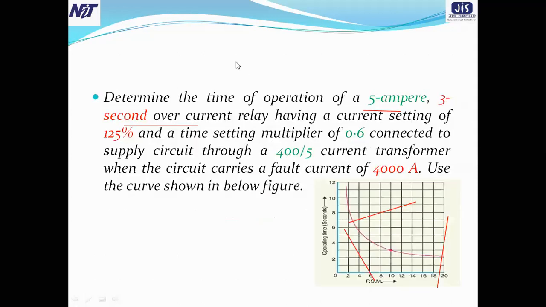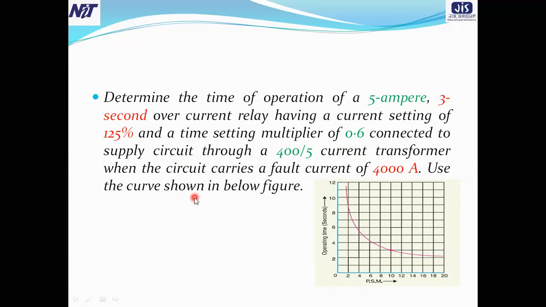Here, if you follow, you will find this is the time/PSM curve. Determine the time of operation of a 5 ampere 3-second overcurrent relay having a current setting of 125% and a time setting multiplier of 0.6, connected to a supply circuit through a 400/5 CT, or current transformer, when the circuit carries a fault current of 4000 ampere.